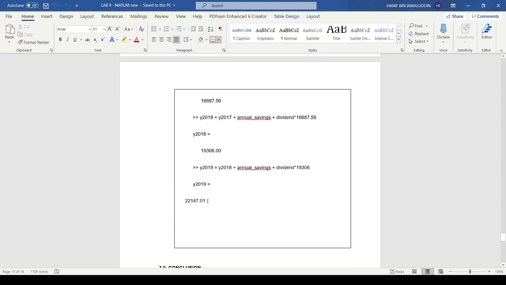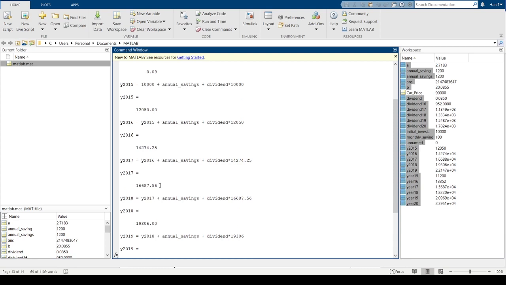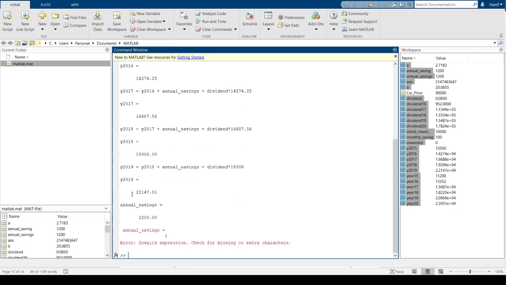So for the final year, the amount of money she invested was 21,147 ringgit. So this is the coding for number 5, and this is the investment for 2016, 2017, 2018 and 2019.